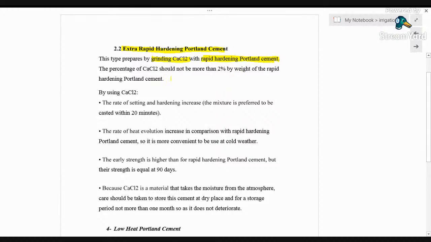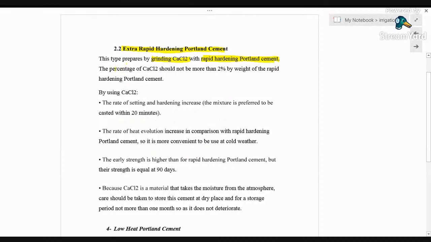Calcium chloride is generally used as an accelerator in this cement manufacturing. Gypsum is generally used as a retarder, and calcium chloride is used as an accelerator. It will accelerate the setting and decrease the setting time, so the cement will set very quickly. So extra rapid hardening cement is prepared by grinding calcium chloride with rapid hardening cement.